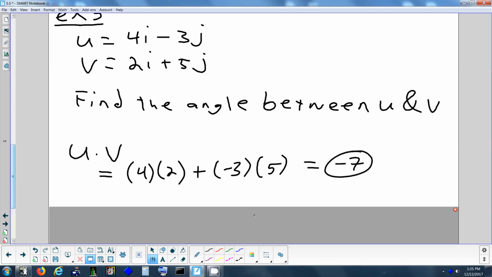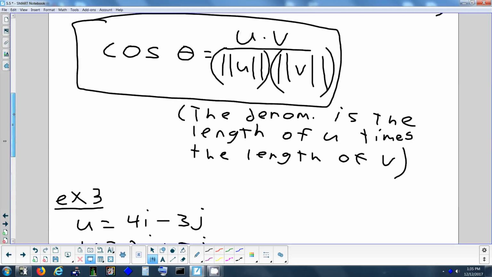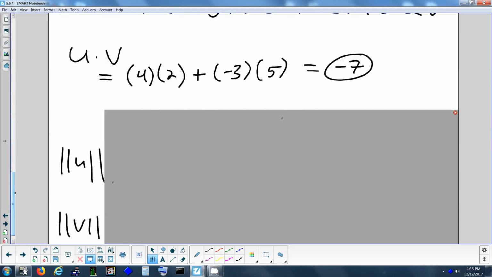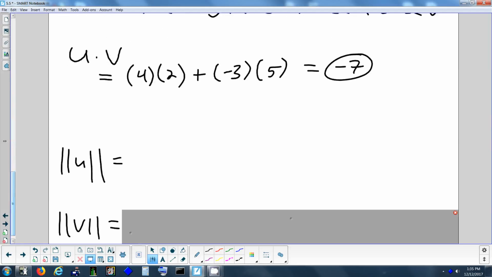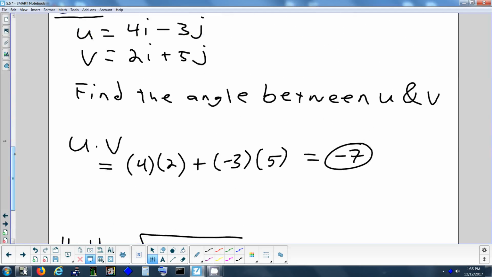What else do I need to use this formula? The two magnitudes. Yep. So let's start with the length of u. It's going to be the square root of what plus what? 4 squared and negative 3 squared.